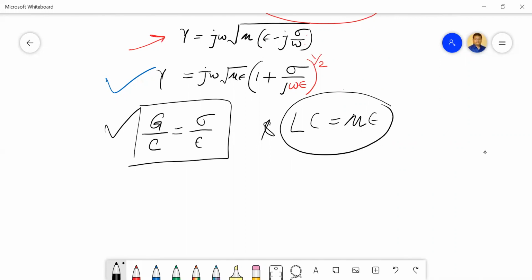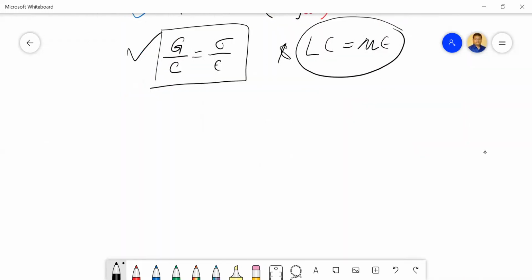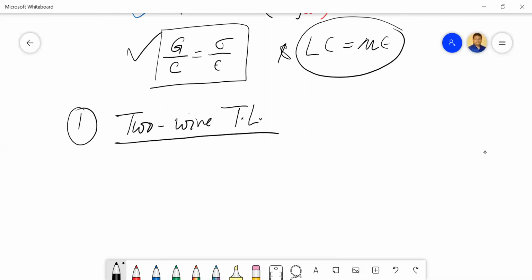Now what we will do is recall what we studied in our UG time, in the third semester electromagnetic theory course. There we derived some relations for the two-wire transmission line system.